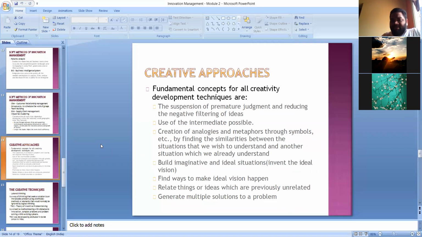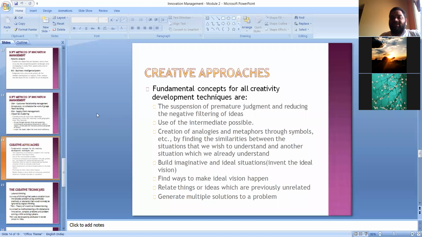Maybe by numbers, whatever we call analogies and metaphors, some symbols. Some numbers, some situations we are going to mark, and we have to create that. So that is also one fundamental basis of this creative approach of innovation management.